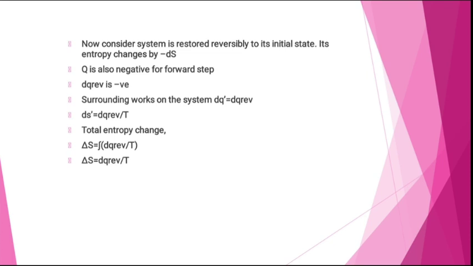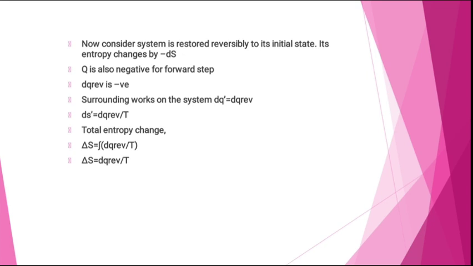Then consider the system is restored reversibly to its initial state. Its entropy changes by minus dS. So the change in entropy is written as minus dS when the system is restored reversibly to its initial state. And for the forward step, the heat is also negative.